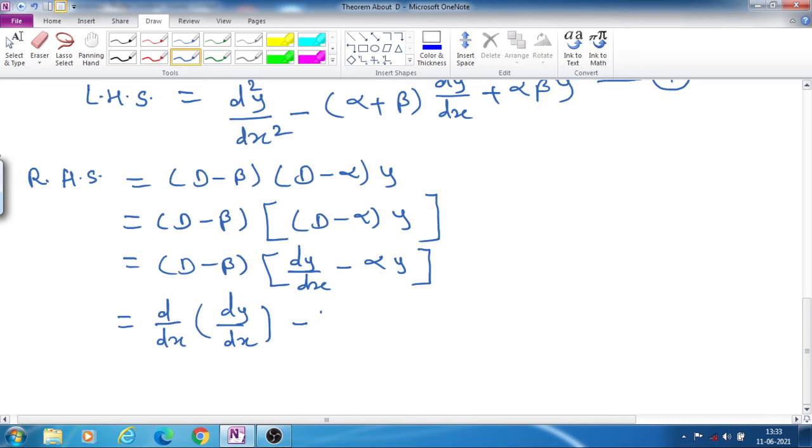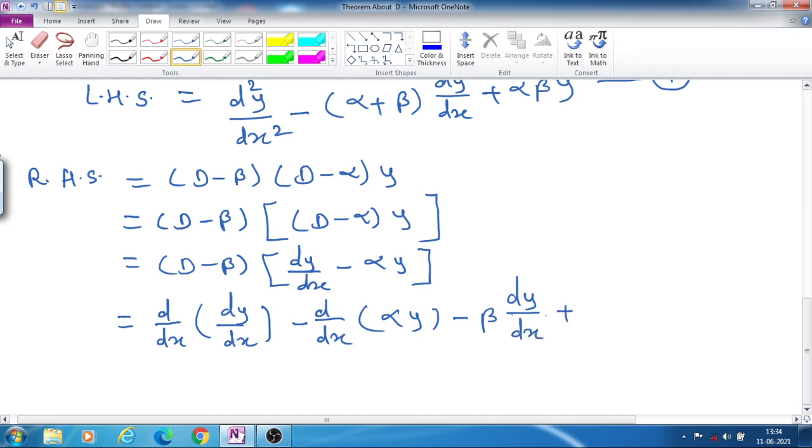That means d by dx of alpha into y. Now we operate minus beta: first minus beta into dy by dx, therefore minus beta into dy by dx.